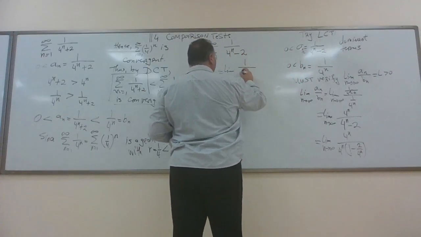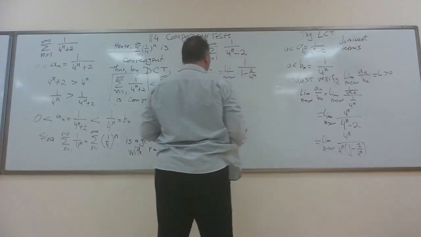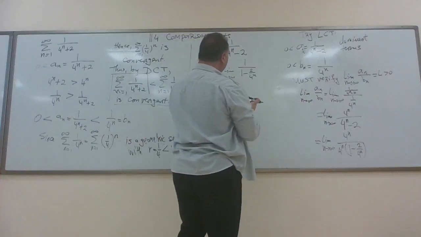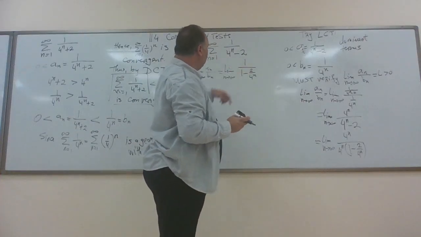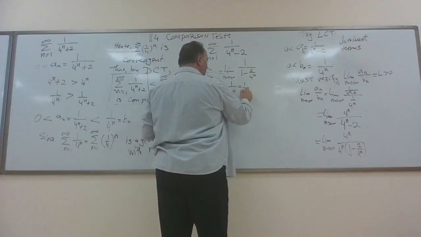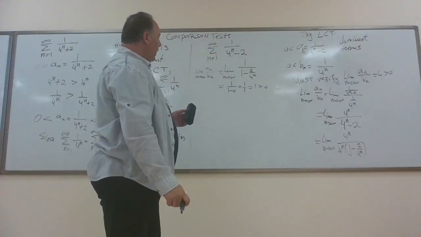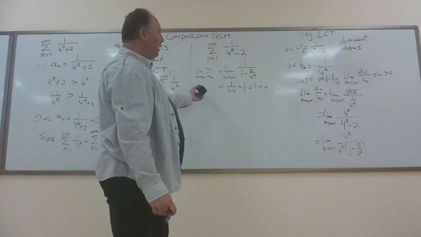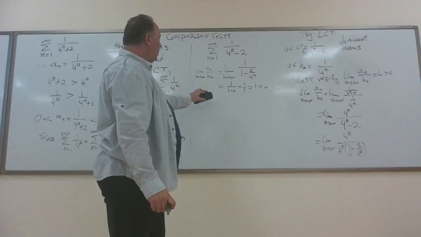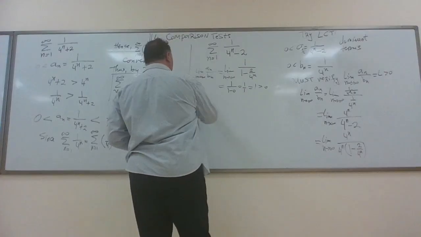Upstairs I have 1, downstairs I have 1 minus 2 over 4 to the power n. Now, this term here will go to 0, so I essentially have 1 over 1 minus 0, 1 over 1. So this is bigger than 0, and it's a finite number. So now we see that we satisfy the condition of the limit comparison test.